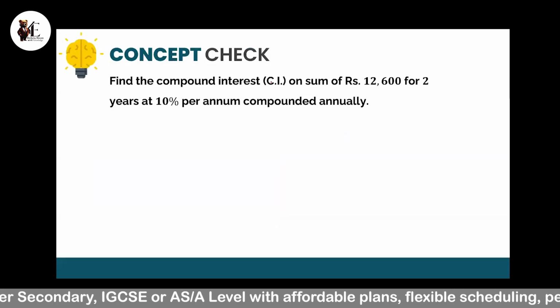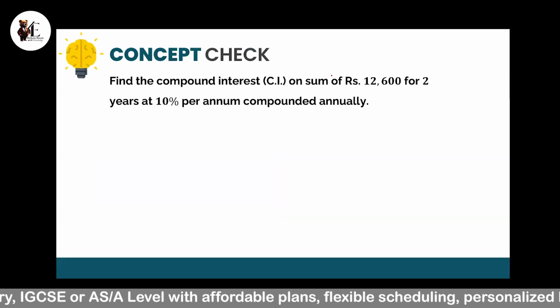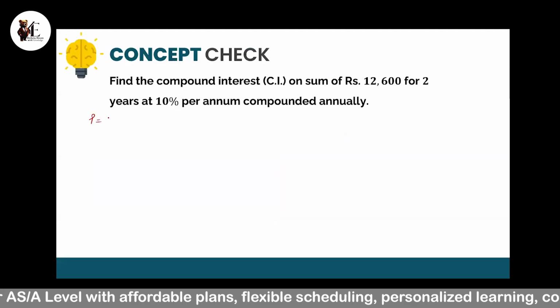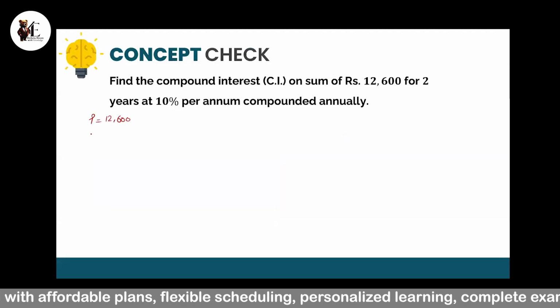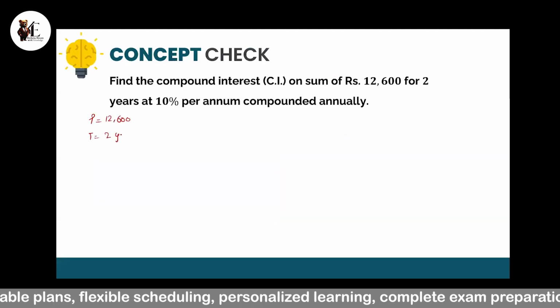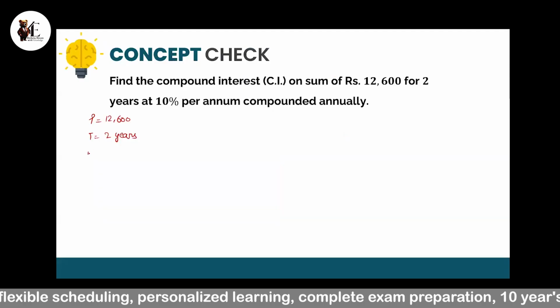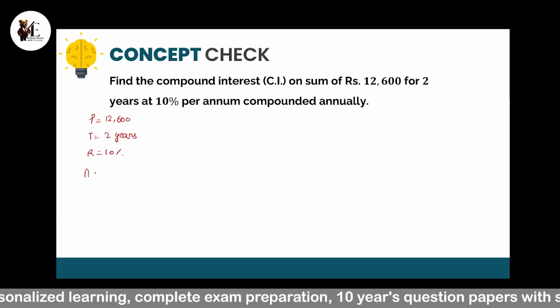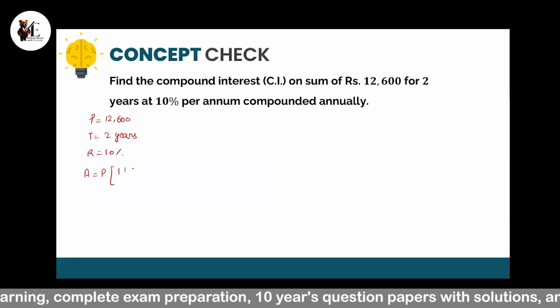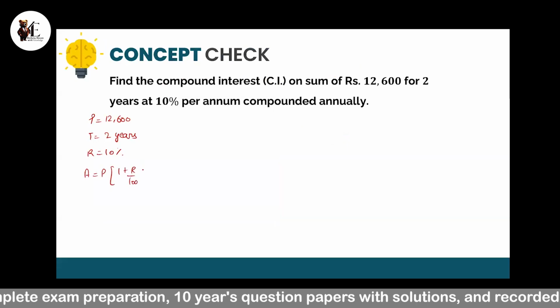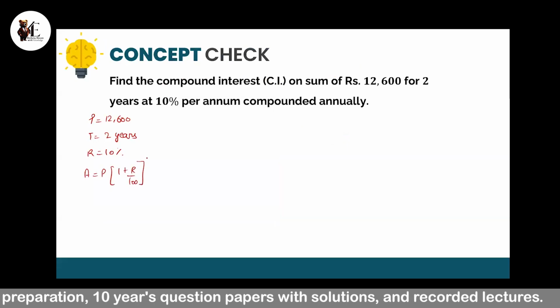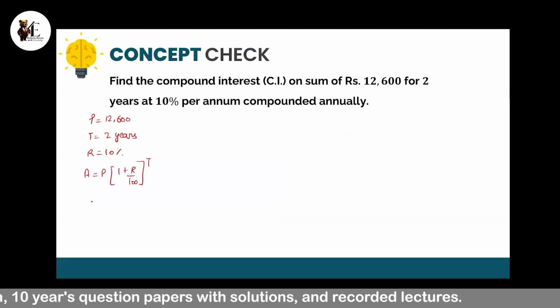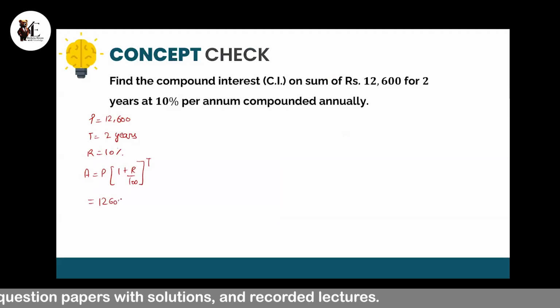So here we have to calculate compound interest. Principal is given as 12,600. Time period is given as 2 years. Rate is given as 10%. So writing the formula, A is equal to P (1 plus R over 100) raised to the power N or T, it's completely up to you. So 12,600, (1 plus 10 over 100) raised to the power 2.